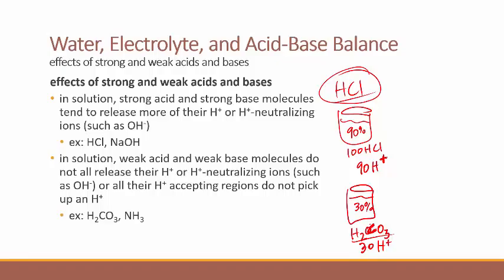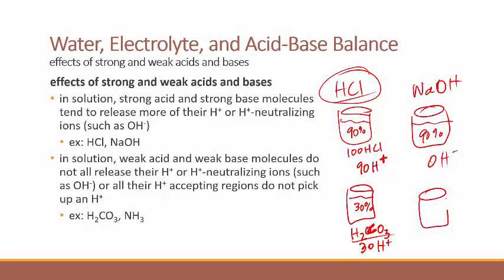Bases, strong versus weak bases, are exactly the same. So sodium hydroxide is a strong base. If we put that into water, probably 90% or so of them would drop off an OH ion. Whereas something like ammonia might have a much smaller number.